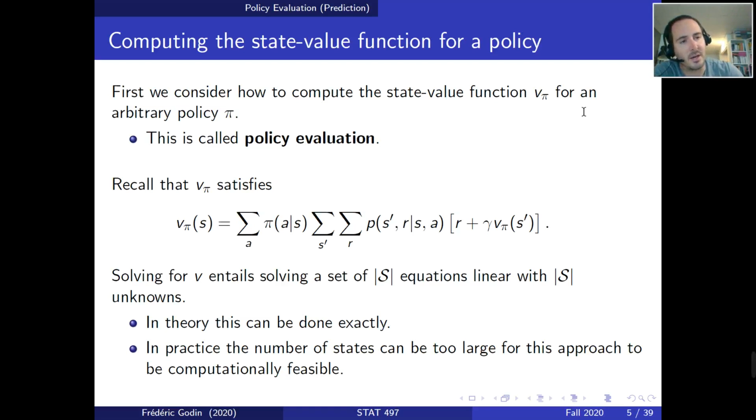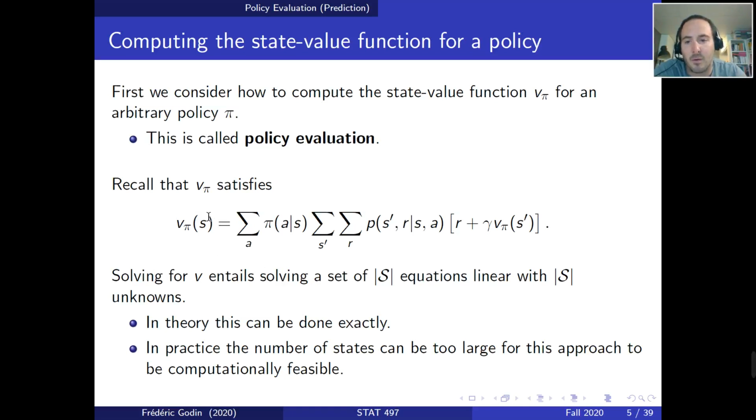Just a quick recall from chapter 3. V pi had to satisfy this relationship. This relationship was called the Bellman equation associated with a fixed policy pi. We mentioned in the previous chapter that this is some form of recursive equation that had to be satisfied by v pi.